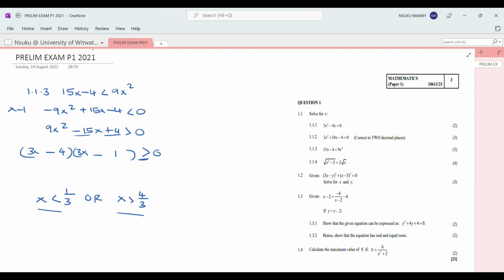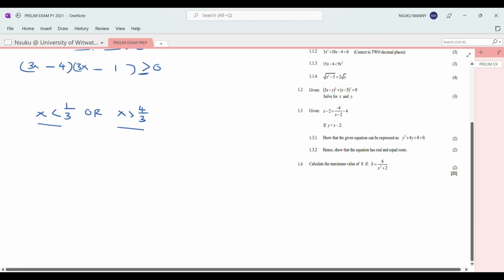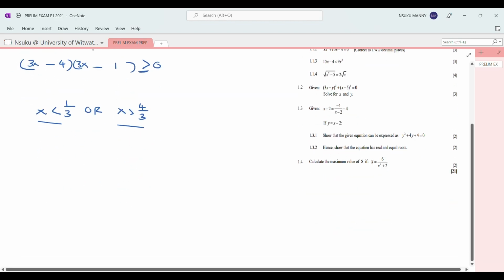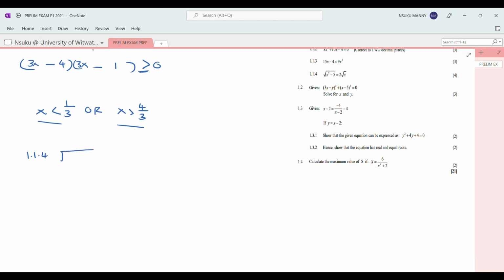So going into the next question, which is 1.1.4. It says the square root of x squared minus 5 is equal to 2 square root of x. Right? So the first step that we're going to make here is obviously squaring both sides.